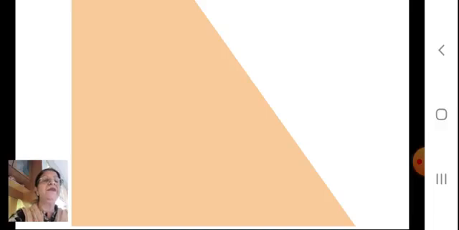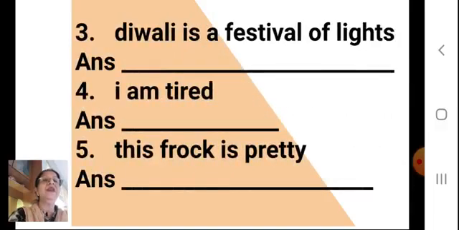Now we come to number 3. Diwali is a festival of lights. Number 4, I am tired. Number 5, this frock is pretty. Again, we have to rewrite it by adding capital letters and full stops.